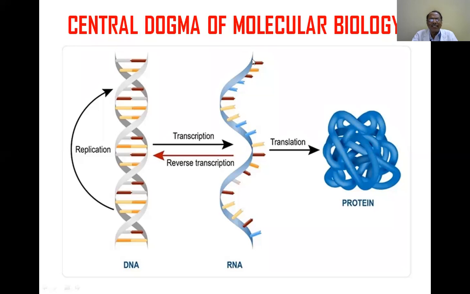All RNA viruses are dependent on some host cells, let it be a human cell, a bacterial cell, a yeast cell or a plant cell. They are all dependent. These viruses cannot independently survive. This is a different story.